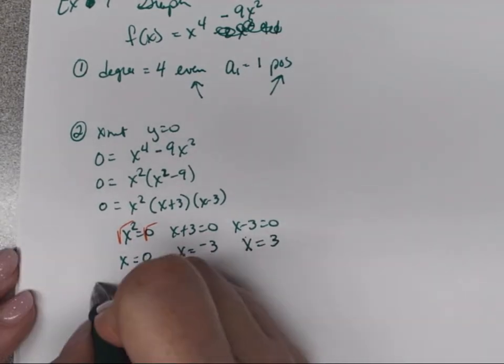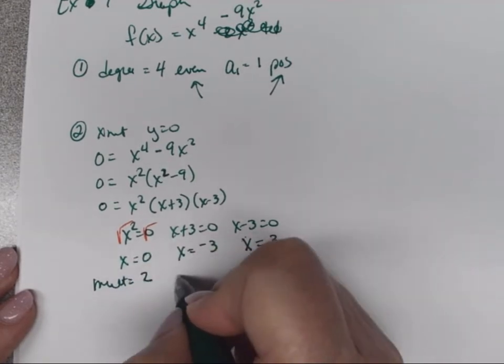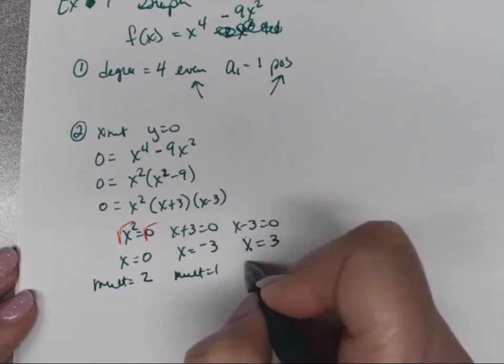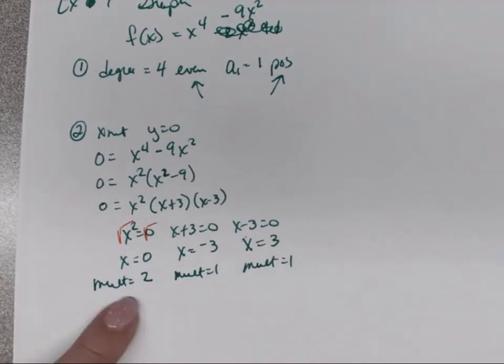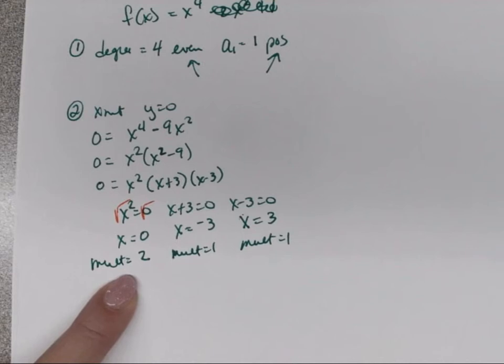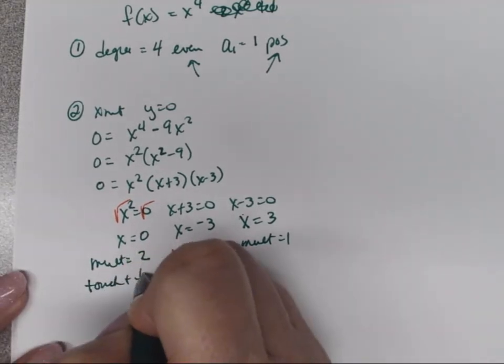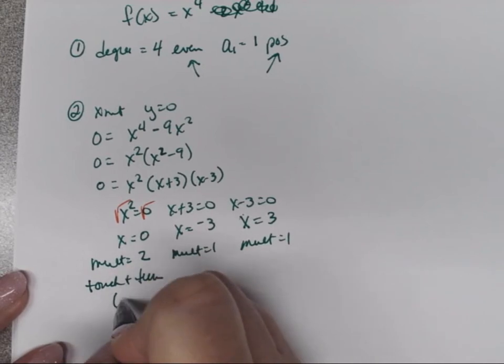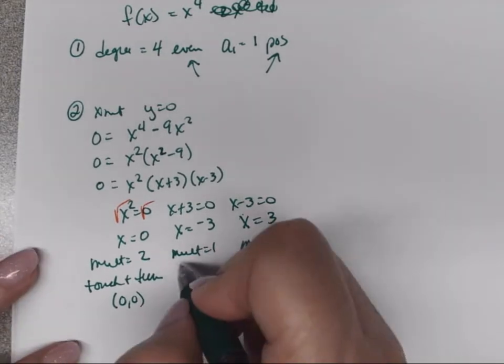So now we're going to look at our multiplicity. The multiplicity here is 2. Here it is 1. And here it is 1. So for a multiplicity of 2, which is an even multiplicity, it will touch and turn. And understand that the intercept is 0, 0. We didn't worry about that before, but we're graphing this, so we need to know what these points look like.